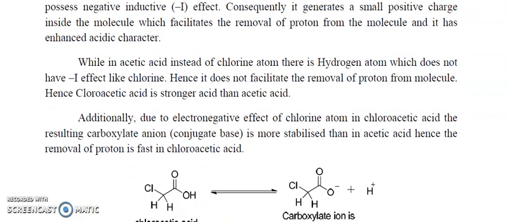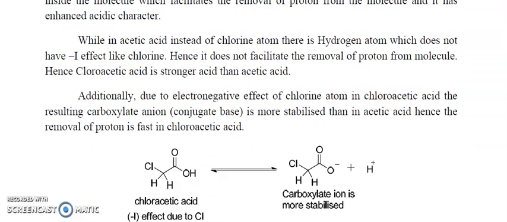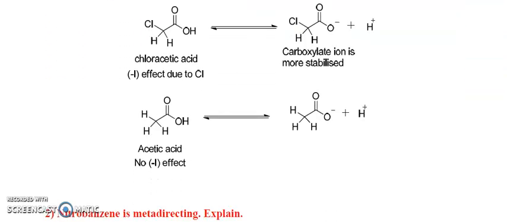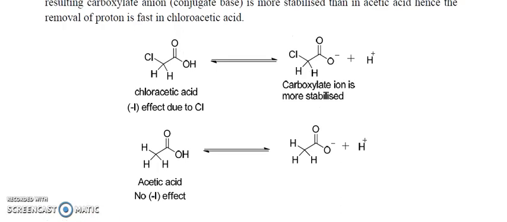While in acetic acid, instead of chlorine atom, there is a hydrogen atom which does not have any inductive effect. Hence, it does not facilitate the removal of proton from the molecule. Hence, chloroacetic acid is a stronger acid than acetic acid. Additionally, it stabilizes the carboxylate anion. So, this is the answer of this question.